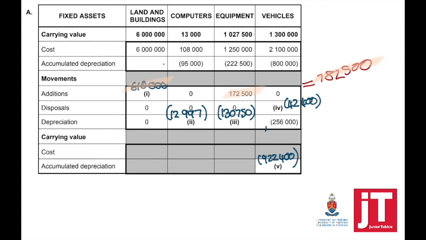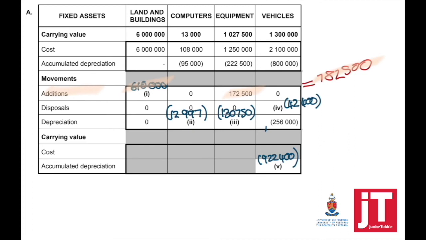If I need to find out what the purchase of non-current assets was, our non-current assets consist of land and buildings, computers, equipment and vehicles. This means we're going to add everything under additions. The 610,000 plus the 172,500 will be my total purchase of non-current assets.